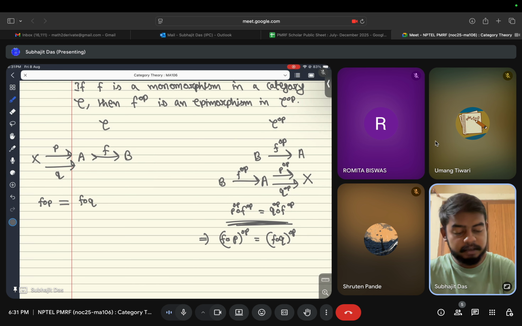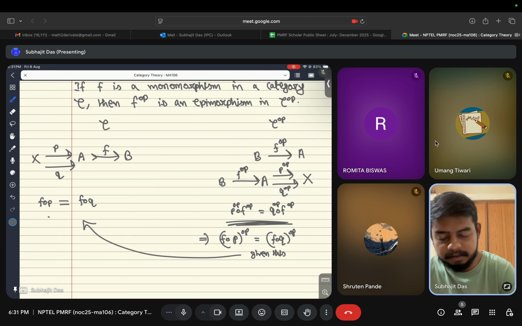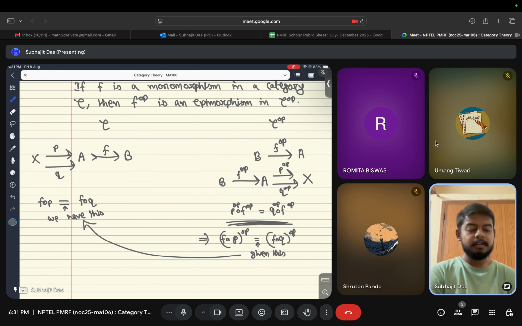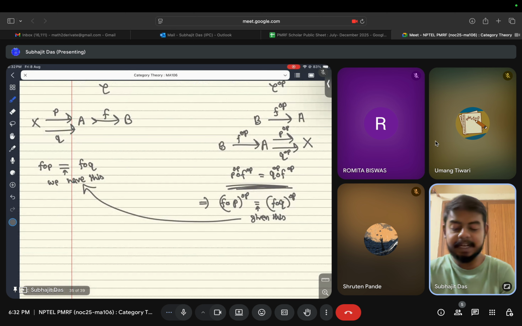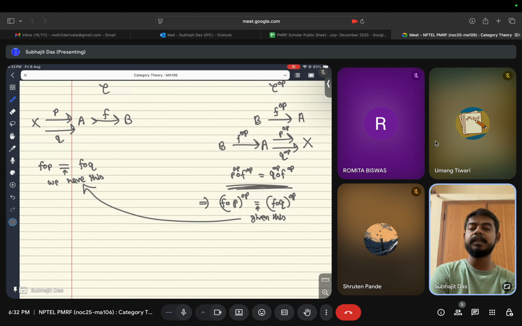So given this equality, we have this equality, which means that F composed with P is F composed with Q in C.